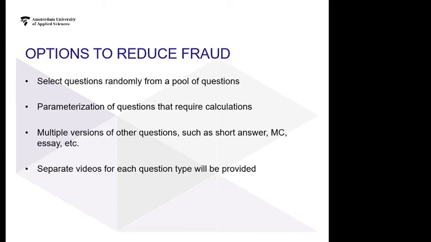If there are questions that have parameters, you can parameterize that question and that way provide multiple versions, and I'll show you an example of that in a minute. Please provide as many versions as you can for questions like short answer, multiple choice, or written response or essay questions. Separate videos for all these types of questions will be provided later.